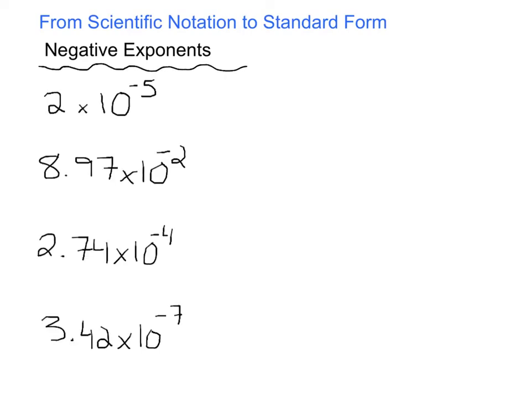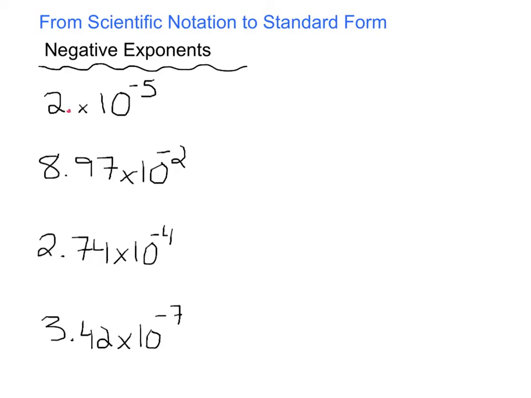Alright, same idea, except this time we will have all numbers in scientific notation with negative exponents. When we have negative exponents, it just means that we are moving our decimal the other direction. Instead of moving to the right, we will be moving to the left. So 2, the decimal place is technically right after the 2.